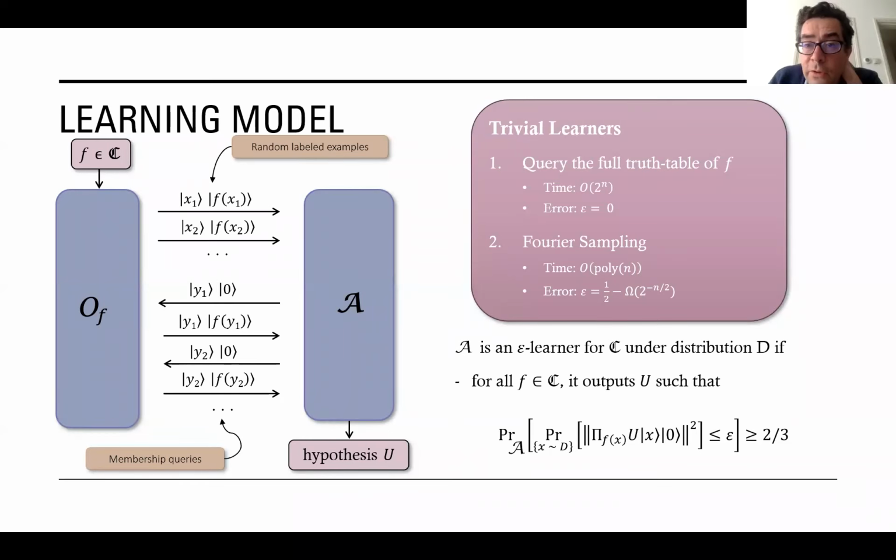Okay. Sorry, can I also ask a question, Aarthi? Sure. So in this second Fourier sampling algorithm, if you do Fourier sampling, you're going to get back some parity function, and you know that either that parity function or its negation has a small positive correlation with the function. Yes. How do you know whether you should take the parity function or its negation? You just output either one with probability half.